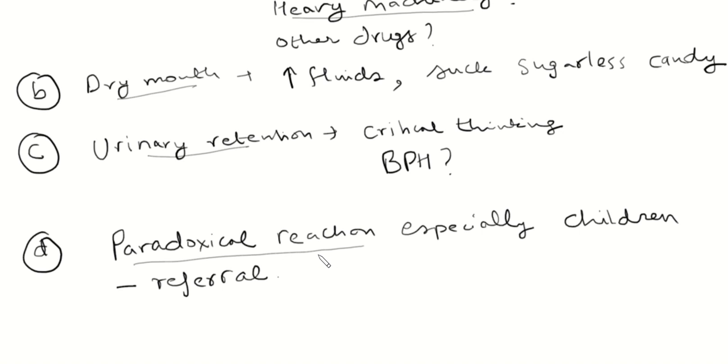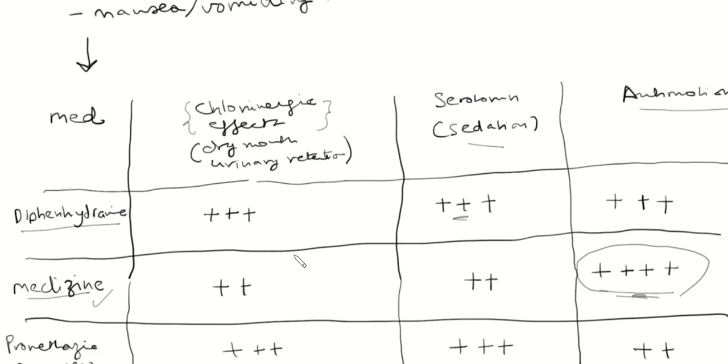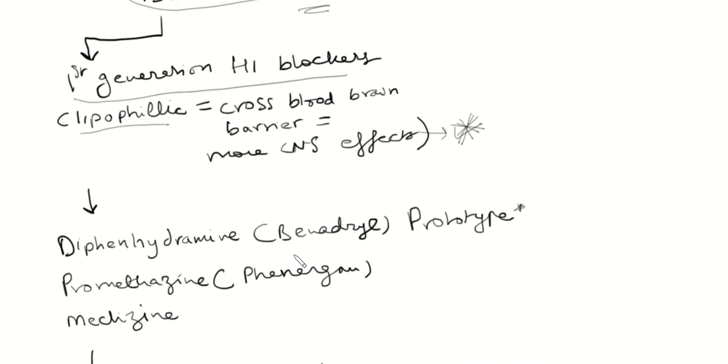That's a reaction which is different from how it acts with most of the population. And again, it's paradoxical because it doesn't make sense. It's against intuition. It's against what we know. So that's why it's paradoxical. That's what this drug can do to some kiddos, especially children. You see this in them.